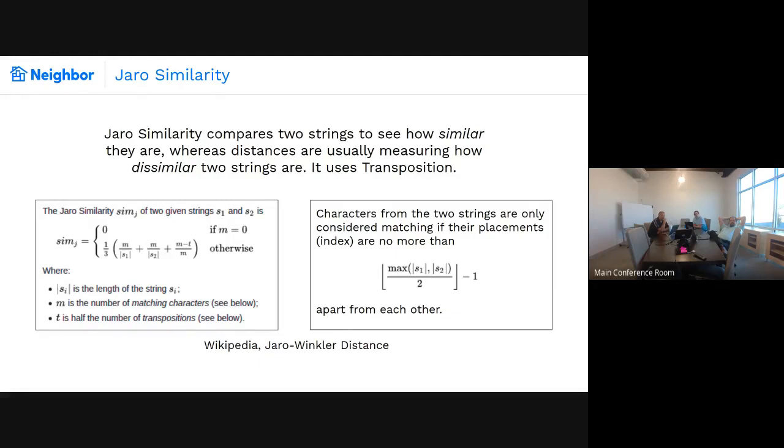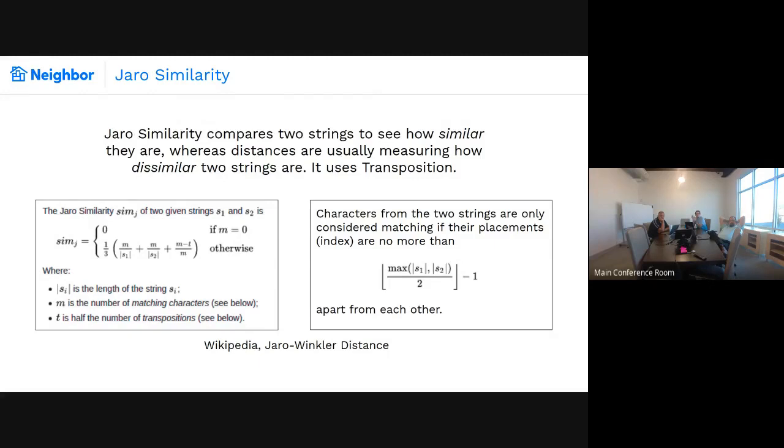How long are the words, and how many transpositions are there, just looking at them as permutations of the other? So I guess what I just said was incorrect. Not how many does it take to get from one to the other, but just how many transpositions exist. Like you have a CK in one and a KC in the other, even if they're on different sides of the word. And then it is essentially weighting the matching characters according to the lengths of the strings and averaging them to get a similarity measure.